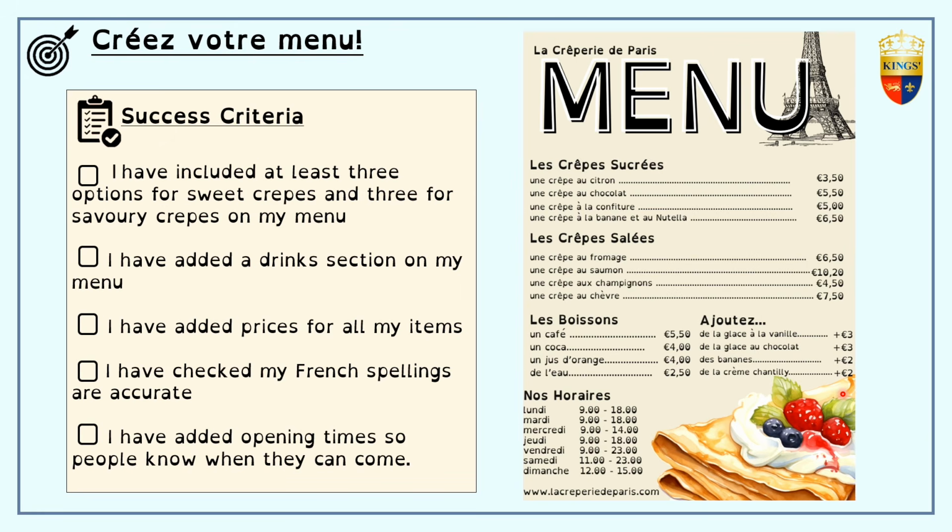That's also very important, because 9 times out of 10, if something doesn't have a price on it, it's going to be a lot more than what you bargained for. So make sure your customers can see what their prices are, and that way they'll know what they're getting themselves into. Again, like I said, make sure your spellings are accurate, and also make sure you've added your opening time so people know when they can come, because there's nothing worse than planning to go somewhere and then you show up and it's closed, okay? So you need to make sure you've got the opening hours as well.